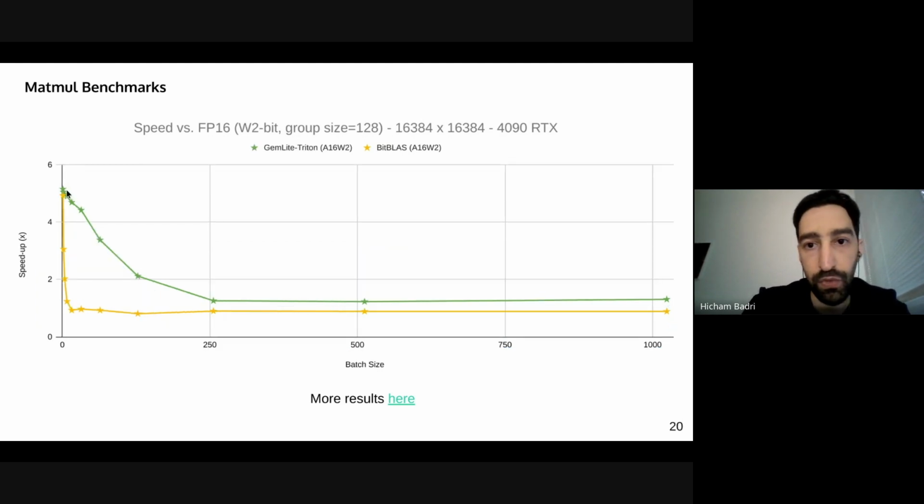You bump it to 2-bit, sorry, it becomes like 5 to 5.5. But then again, the speed up goes down. Obviously, the same story here. If we didn't have FP16 accumulations here, the speed up would be slower for larger batch sizes, even though we are using 2-bit weights.